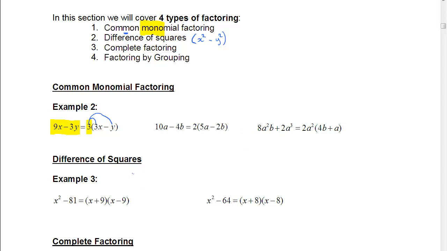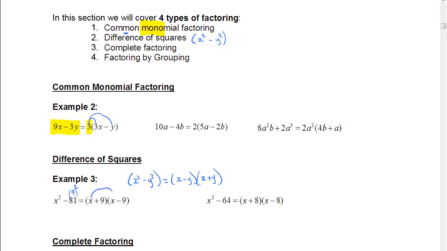Difference of squares falls again into this pattern here, and we saw that the special factors were x minus y and x plus y. So that's a rule that we can remember. Because here we have x squared and 81, and 81 is 9 squared, we get x plus 9 and x minus 9.